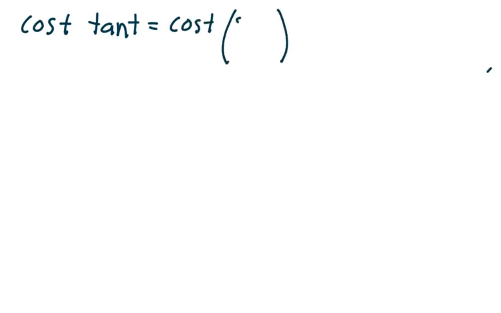Let's go to the next page. Now, let's take a look at a couple things. Cosine t tangent t is the same as cosine t times sine t over cosine t.